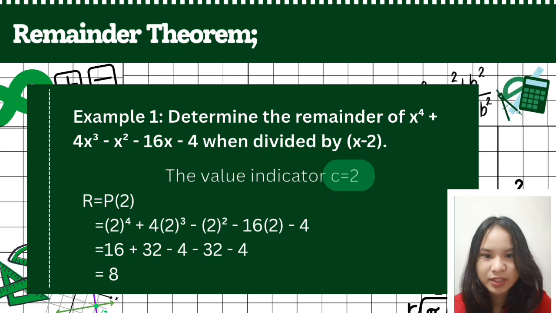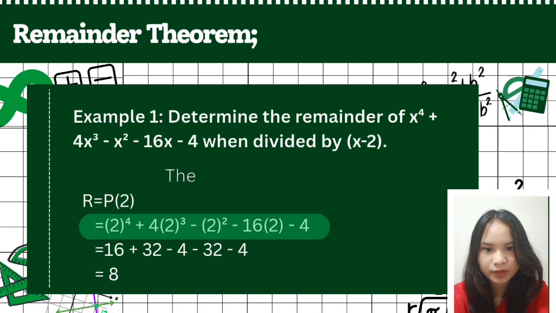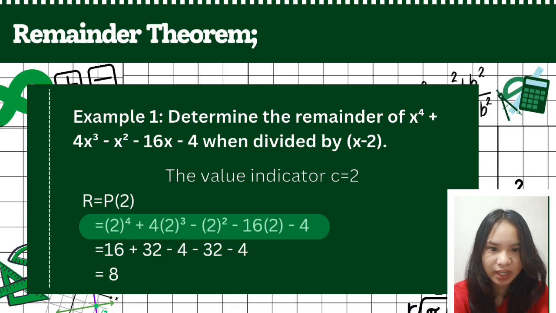So, the value of c is what we will substitute into the given polynomial. We replace all the variables with 2. So now we have 2 to the power of 4 plus 4 times 2 cubed minus 2 squared minus 16 times 2 minus 4.